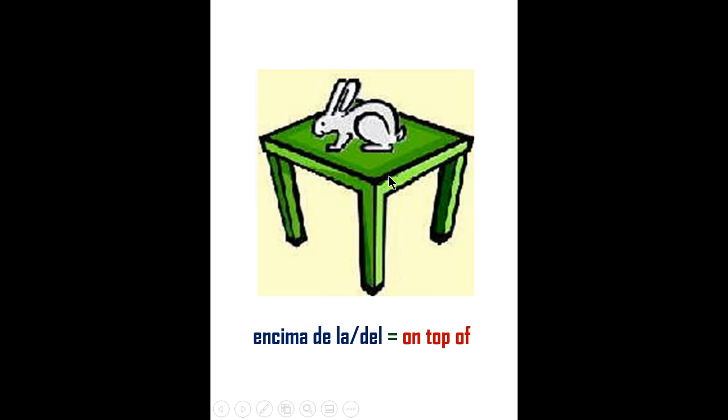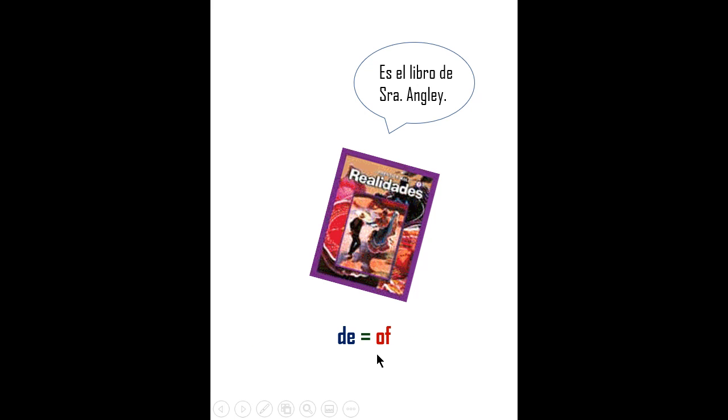If I want to say el conejo, the rabbit, is on top of the student desk, el pupitre, I would still use the preposition encima, but I have to use the contraction del, of the, on top of the student desk, encima del pupitre.